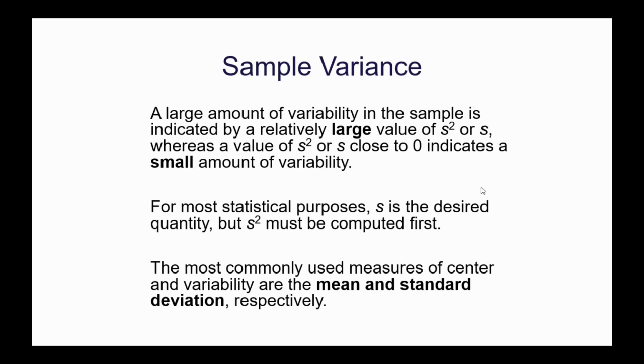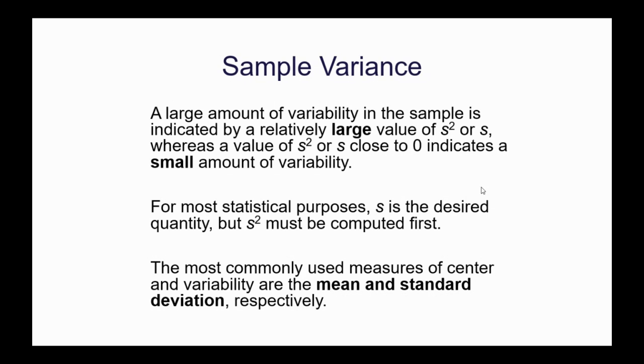Think back to our fish example. The variance being in inches squared doesn't make much sense. So if you take the square root of it, then it just becomes inches. You're like, okay, I know inches. I don't know inches squared for length. So it makes more sense.